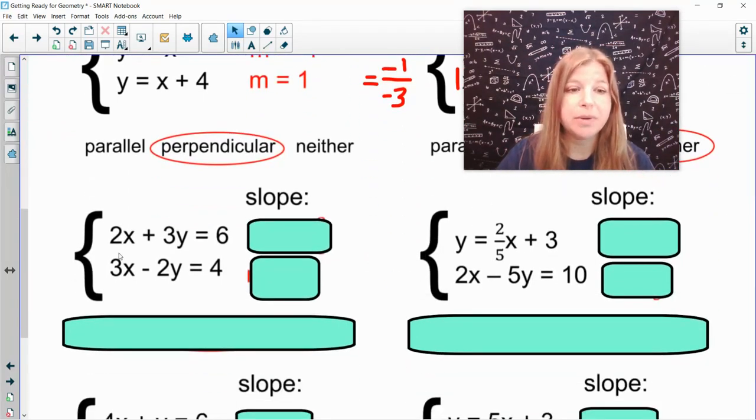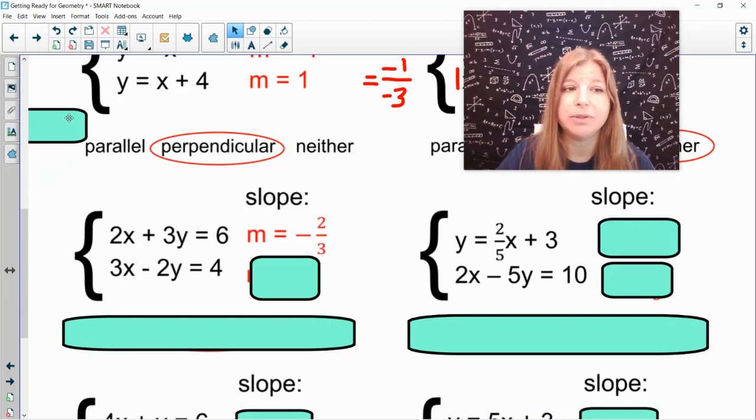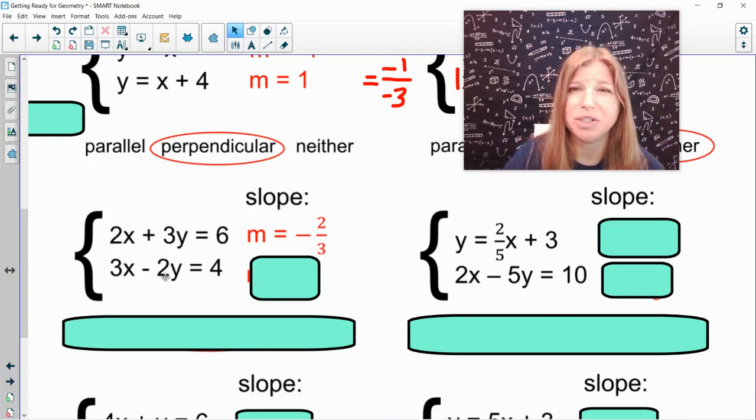Next two. 2x plus 3y equals 6. Again, in standard form. So if I use my formula of negative a over b, my slope would be negative 2 over 3, right? Negative a over b, so negative 2 over 3. And in my second one, if I follow that same thing, negative a, so negative 3 over b. Okay, so negative 3 over negative 2, a negative divided by a negative is a positive.